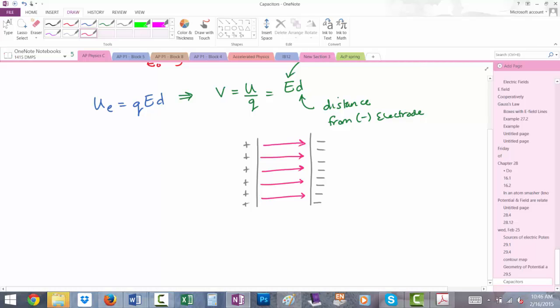When we're talking about these things, which side would be at the high potential? The positive side, the left side, that's going to be at high potential. And the other one's going to be at low potential.